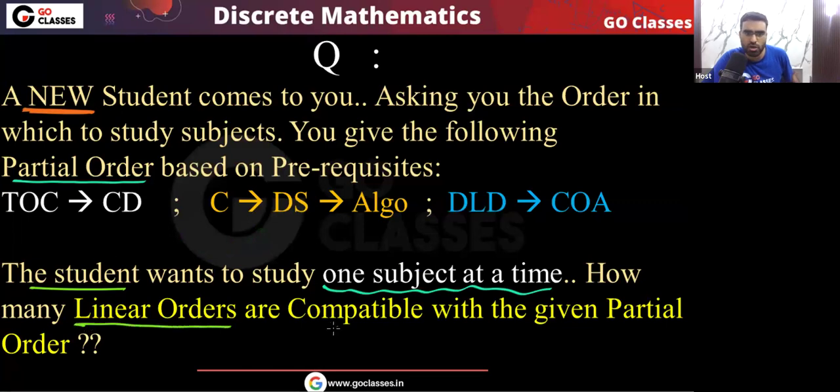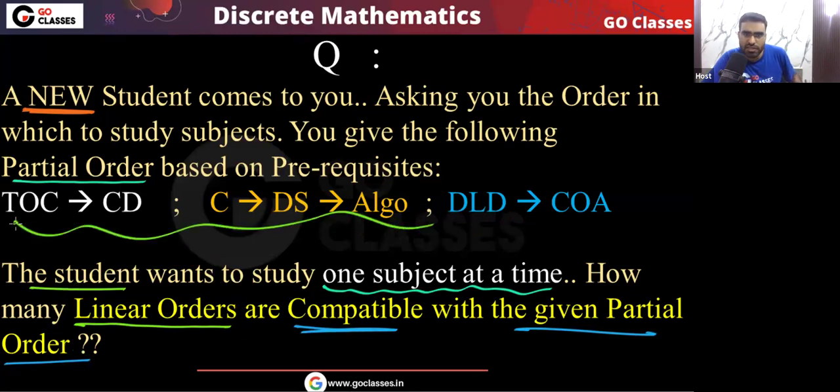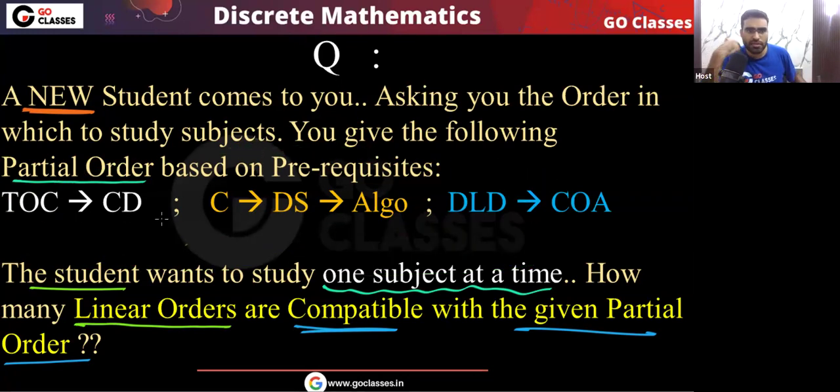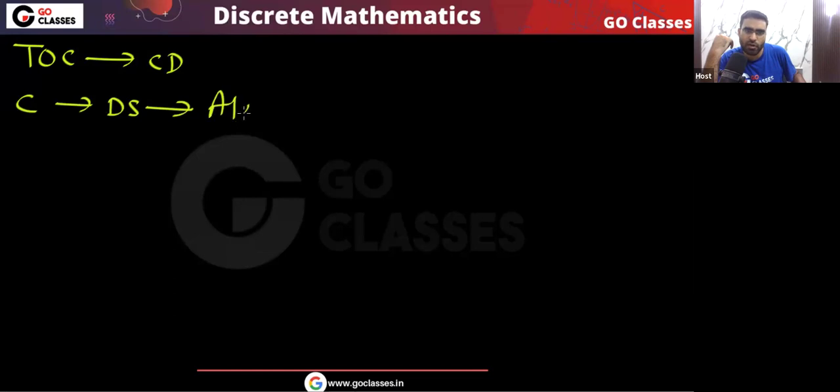So tell me, how many linear orders are compatible with this given partial order? From this information, how many linear orders can I create which will satisfy these constraints? So TOC before compiler design, C language before data structure before algorithm, digital logic design before computer organization.